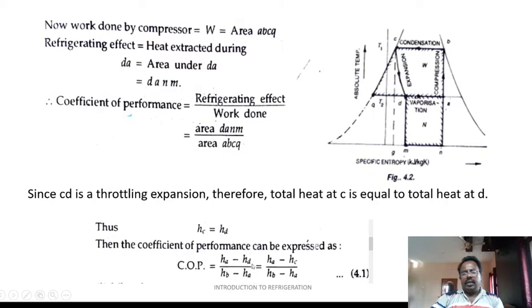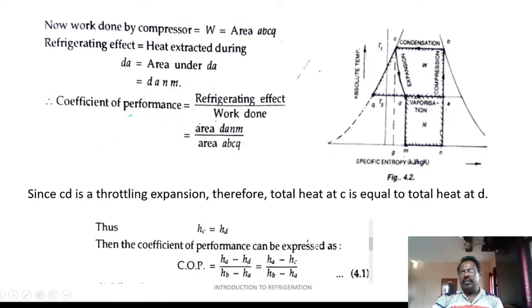The entropy at this point is equal to the entropy at this point, so both fall on the same entropy line. So Hc is equal to Hd. Then the coefficient of performance can be expressed as COP is equal to HA minus Hd.